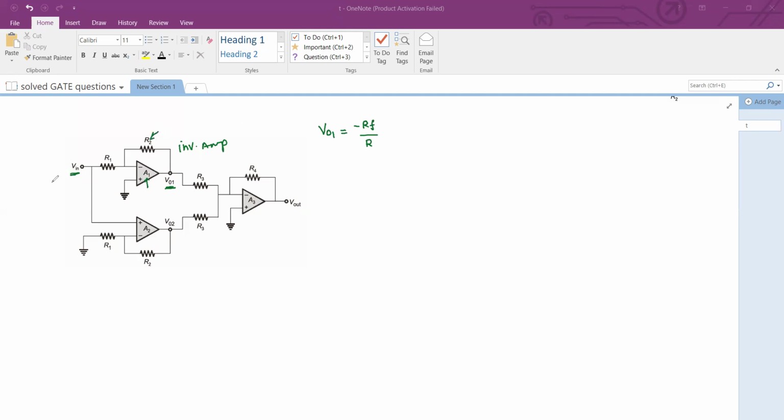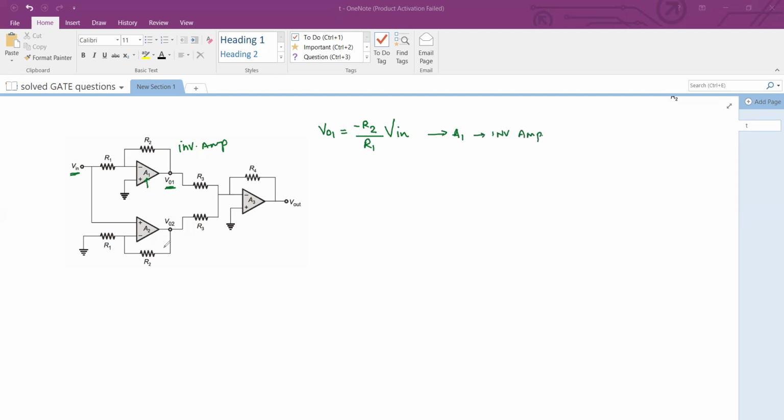Here it is R2, so we will write that accordingly. So I would say this is R2 divided by R1 multiplied by V in. That's the first stage, A1, and this is an inverting amplifier.